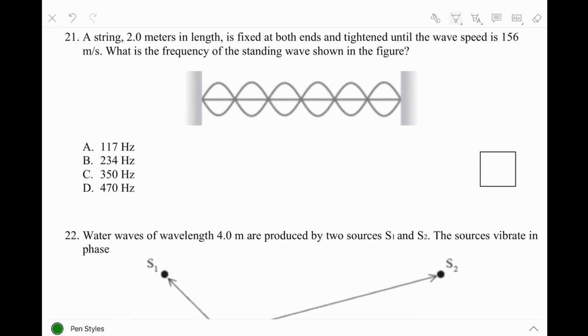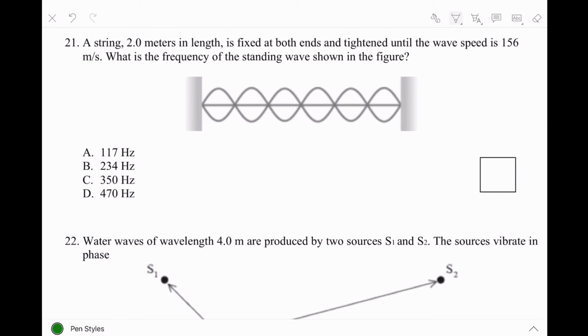Number 21, a string. If you play a guitar, the string oscillates, and the wave speed is 156 meters per second. You want to find the frequency, so do you want the wavelength? Yes, you can find it from here. This is 2 meters.